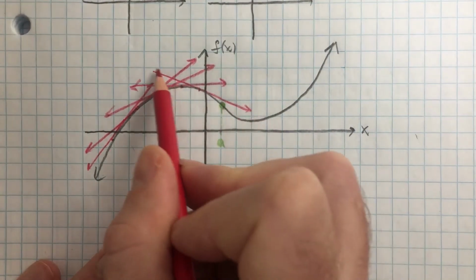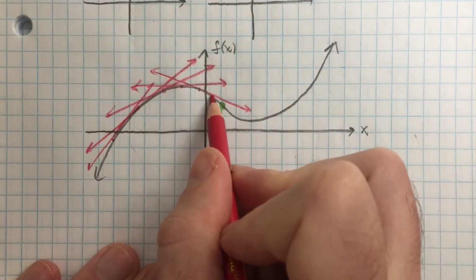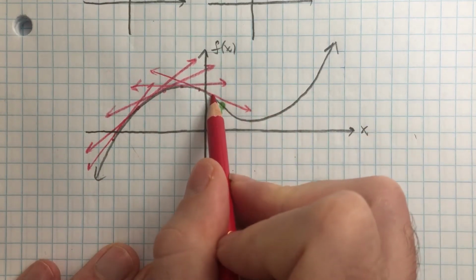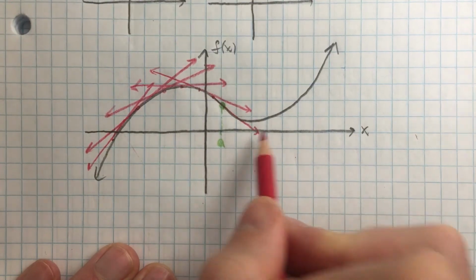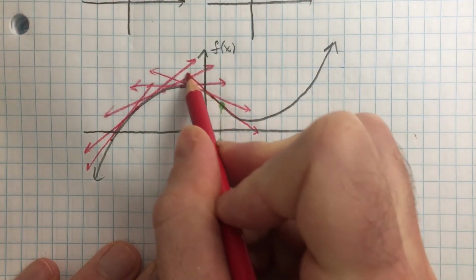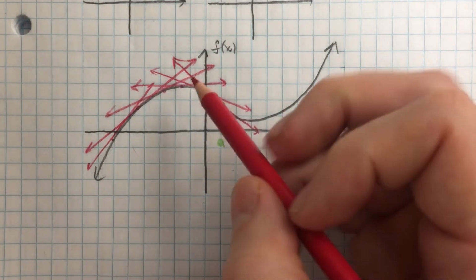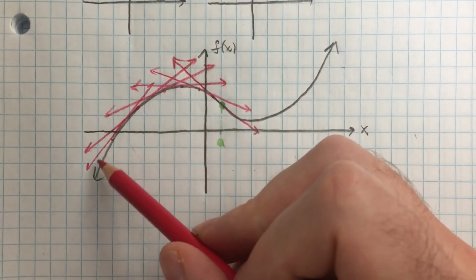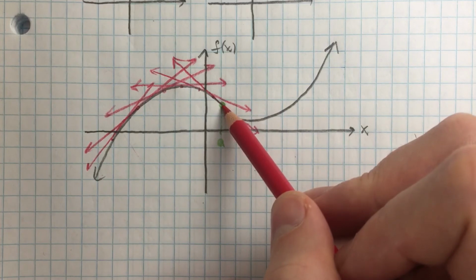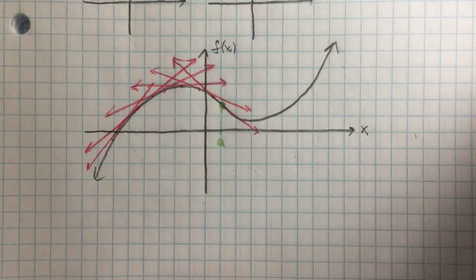So like that. I'll try to draw one more without making it too messy. Like this. All right, so there's a picture of what's going on with the slopes of the curve until we reach this location where it looks like it changes concavity. Now I'll draw another picture on this side.